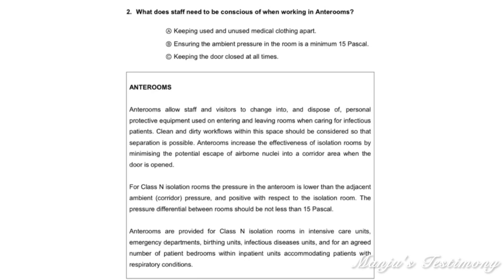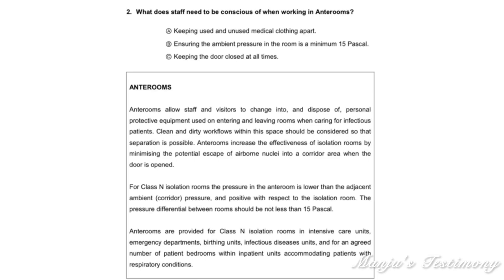So the anteroom's air should be positive compared to the isolation room, so that particles from the isolation room will not travel to the anteroom. If they travel to the anteroom, there will be more infection. The anteroom would be as infected as the isolation room, and there would be a chance of infection for the people in the outside corridor. So the pressure inside the anteroom is negative compared to the outside corridor and positive compared to the isolation room.